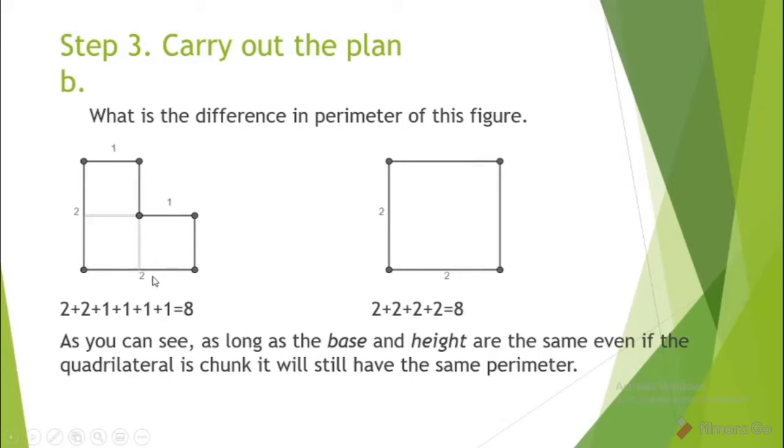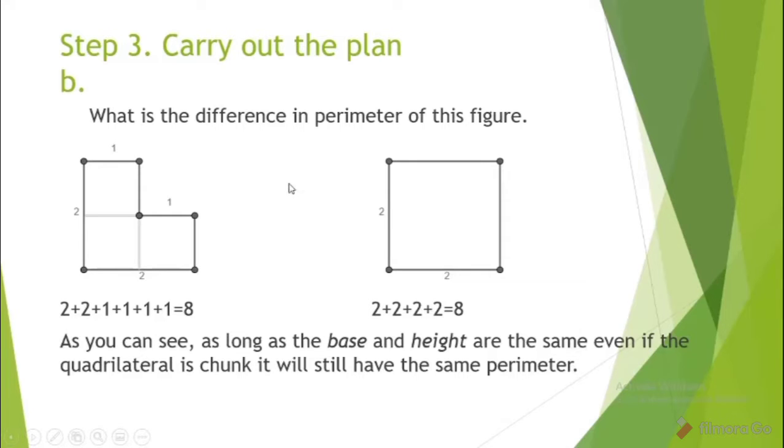By counting their perimeter, you can see that this figure has a perimeter of 8 and the 2 by 2 square figure also has a perimeter of 8. So we can see that as long as the base and height are the same, even if the quadrilateral is chunked, it will still have the same perimeter.